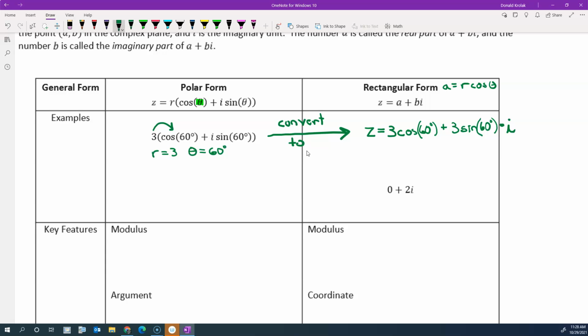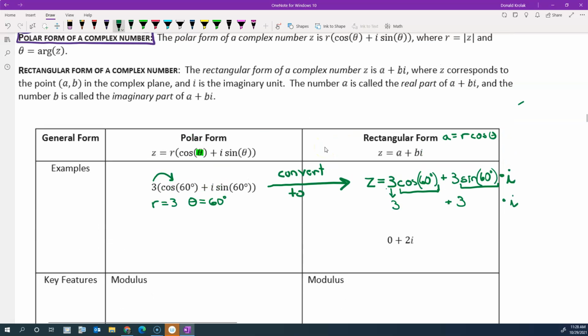Okay. Go to your unit circle and look up the cosine of 60 degrees. And then go to your unit circle and look up the sine of 60 degrees. So on my unit circle, at 60 degrees, the cosine is 1/2 and the sine is √3/2.